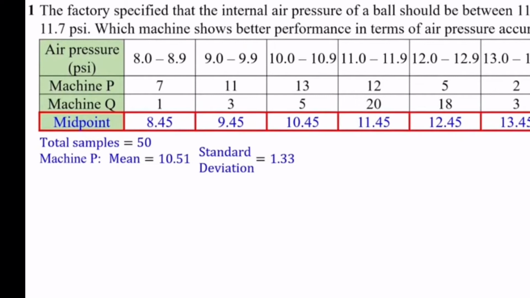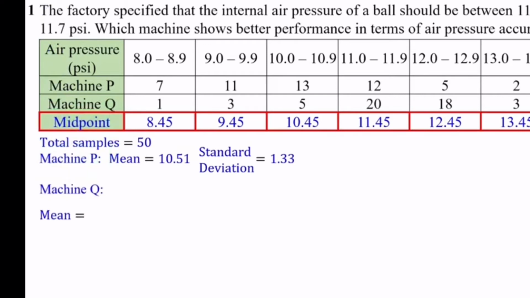So let's proceed to machine Q. We are going to find the mean for machine Q and also the standard deviation for machine Q. So let's copy down the frequency and the midpoint.